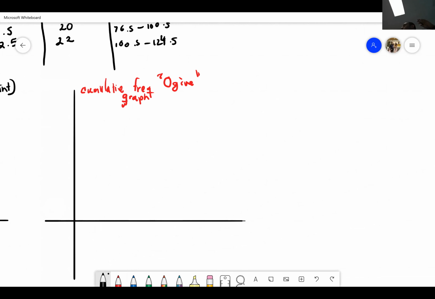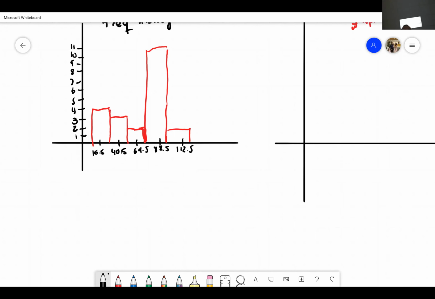See, in the previous one, in the frequency histogram, we could have used class boundaries. We could have put that on this tip here. I guess I'll do this with blue. We could have used 4.5 if we wanted to. Let me go back on that for a second.